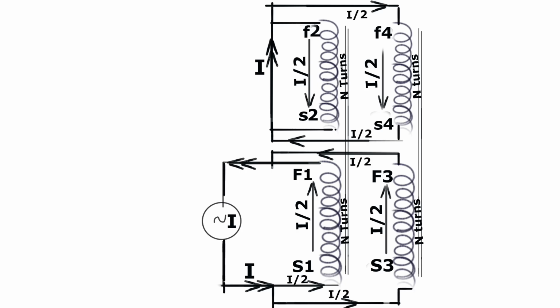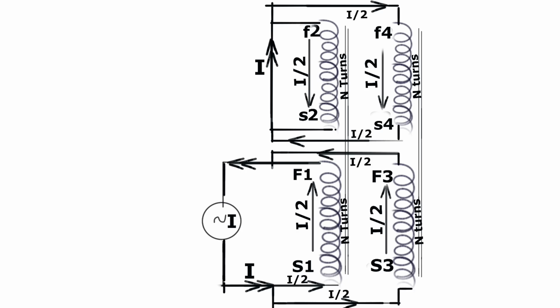Now suppose we apply the same current I to the parallel combination of coil 1 and coil 3. The current will get divided by 2 and each winding will carry a current of I by 2.